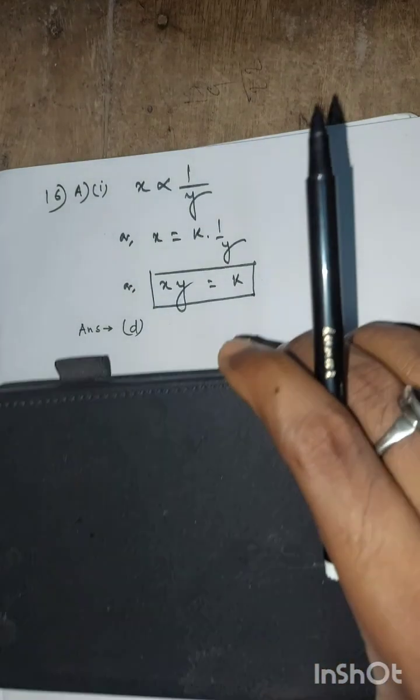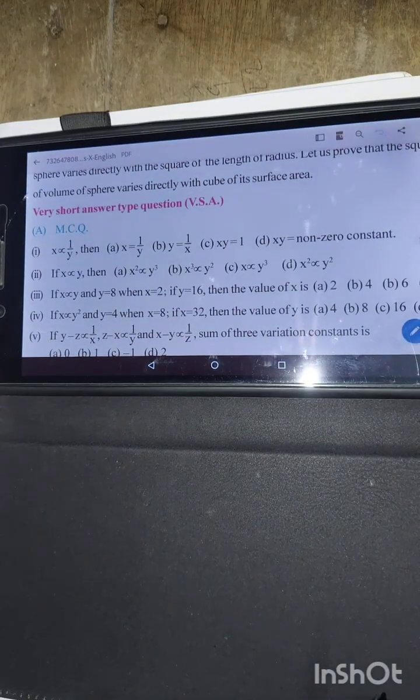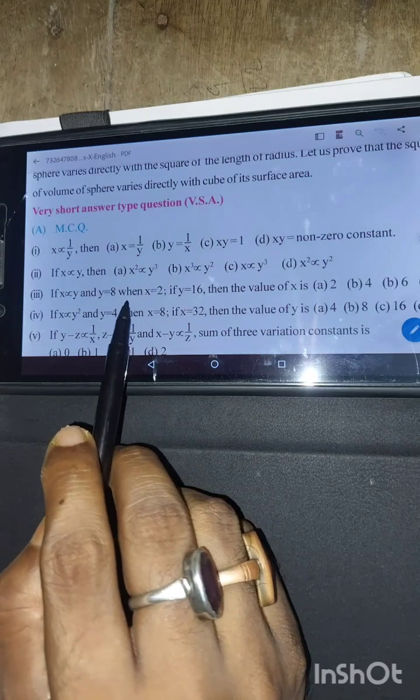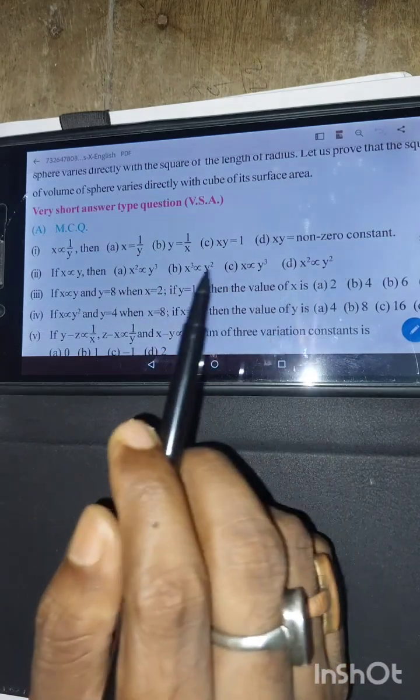Let us proceed to the next question. It says x varies as y, then some relations are given.